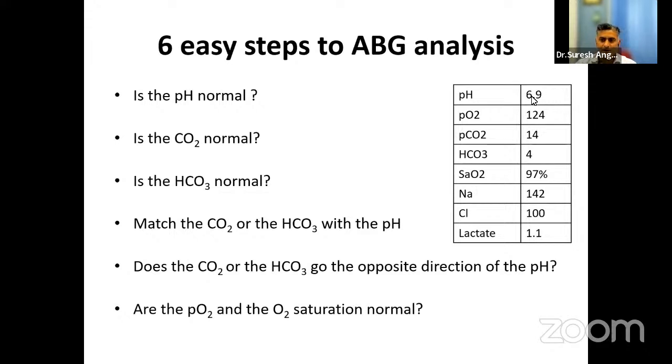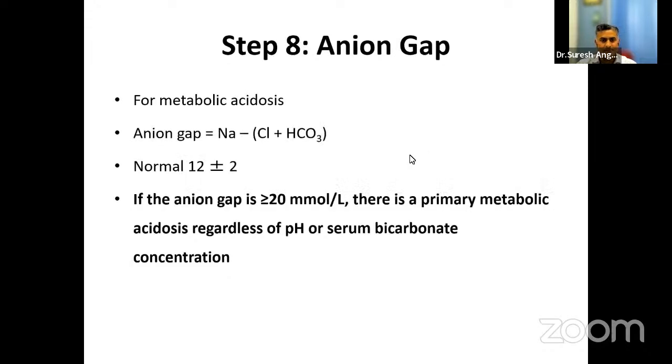But in this patient, you see that the primary process for low pH is low bicarbonate, and since CO2 is very low, which is opposite to the change in pH, this is due to a compensatory mechanism. The decrease in CO2 is due to compensation.